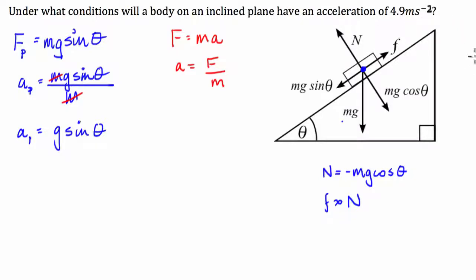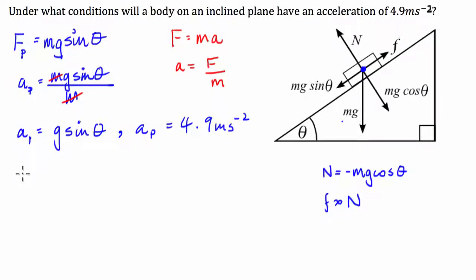Now, we know that this is going to have to be equal to 4.9 meters per second squared. So we can write that down. We know that acceleration down the plane has to equal 4.9 meters per second to the negative 2, and we know that gravity is 9.8.